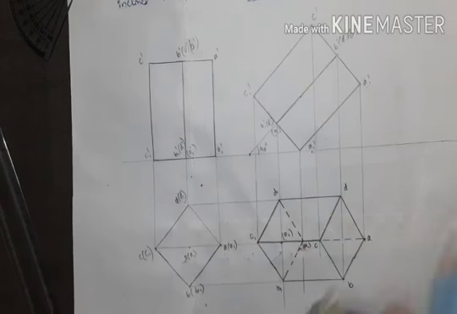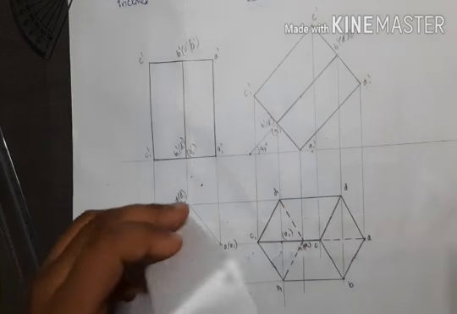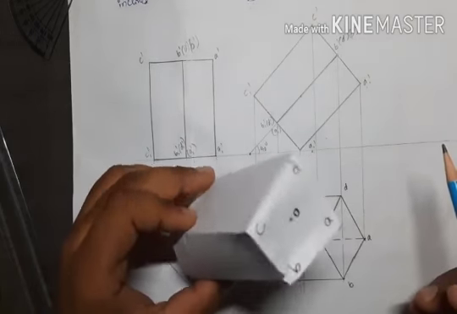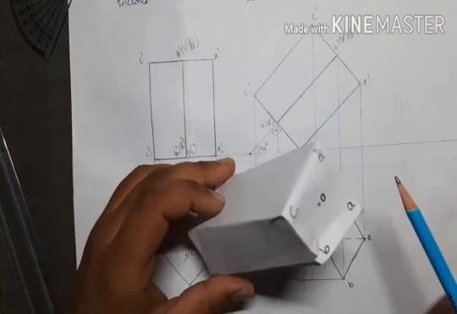So you have done this. So go on matching all the points. Complete this view. I will explain the hidden lines. Why are these hidden lines? There are 3 hidden edges here. Now this square prism is in this position.